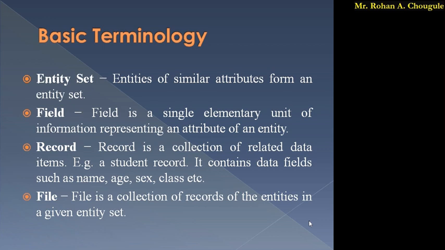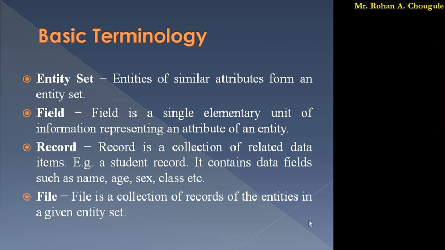Here the employees have similar attributes. Employee is an entity, and that entity has similar attributes, that is ID, name, age, department. These are the attributes related to the employee entity. So all employees in an organization is an example of an entity set.